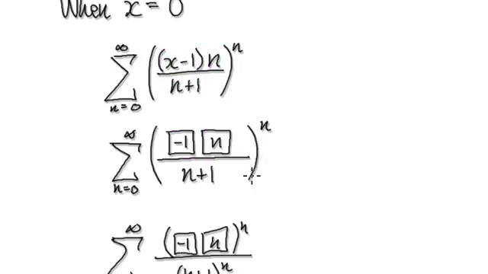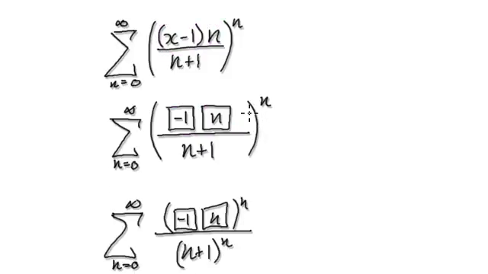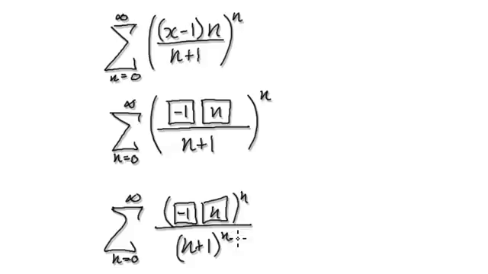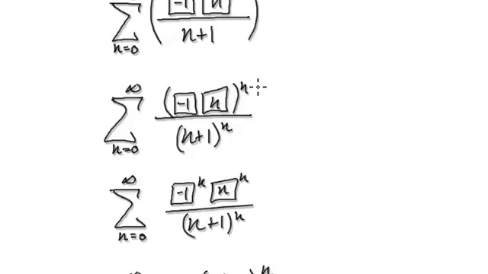So now you can break into here. So that would then be this to the power of n, and then the bottom to the power of n, and so that would then give you negative 1 to the power of n.